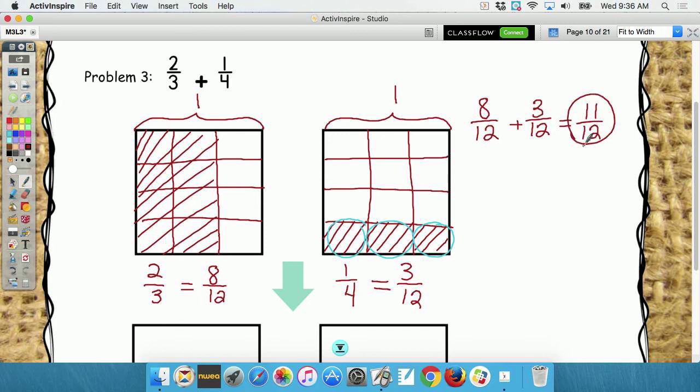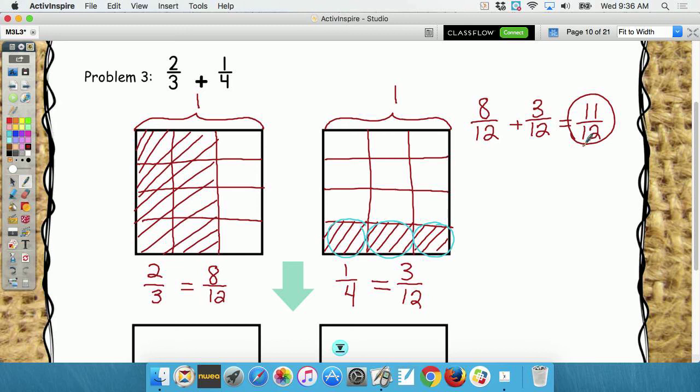Now, I know last time I said when your numbers are like 1 apart, you probably don't have to simplify. There's another reason why you don't have to simplify 11 twelfths. Does anybody know why?